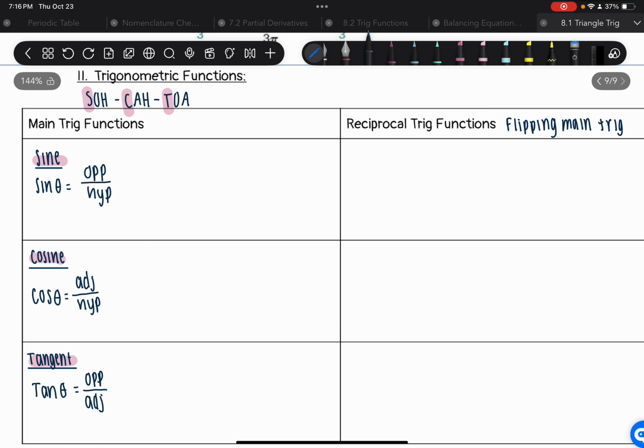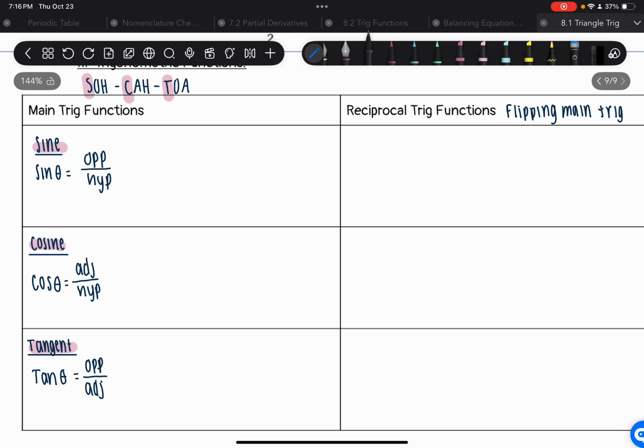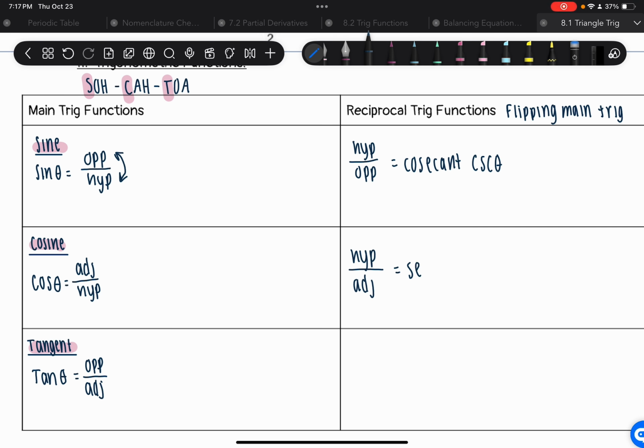And now for our other 3 functions, our reciprocal trig functions is flipping our main functions. So when I flip sine, I have hypotenuse over opposite side, which is cosecant. And then if we flip our cosine, we get hypotenuse over adjacent, which would give me secant.